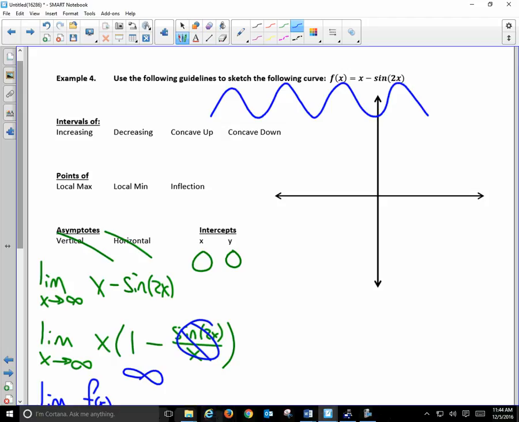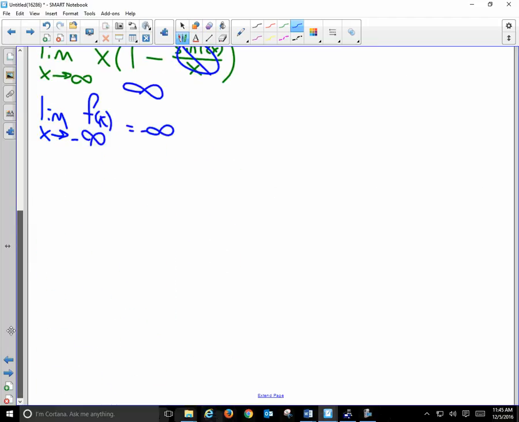So hopefully we can figure out what it is for a certain section, and then we can just map that over and over again. So we'll see what we can get. Let's start by taking the first derivative. What is the first derivative? I have to use a chain rule.